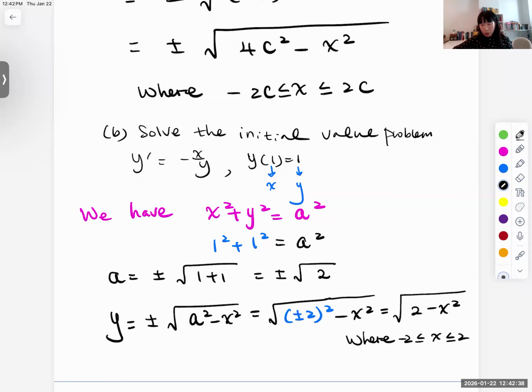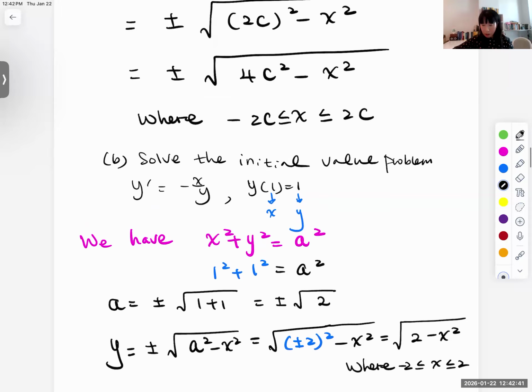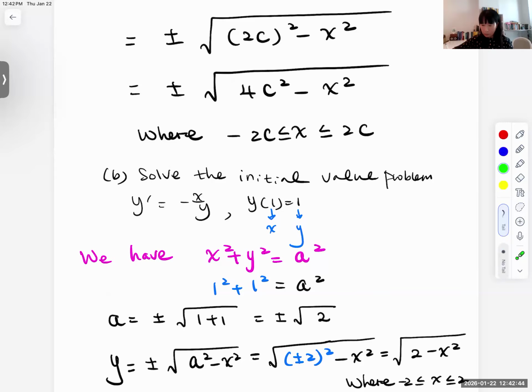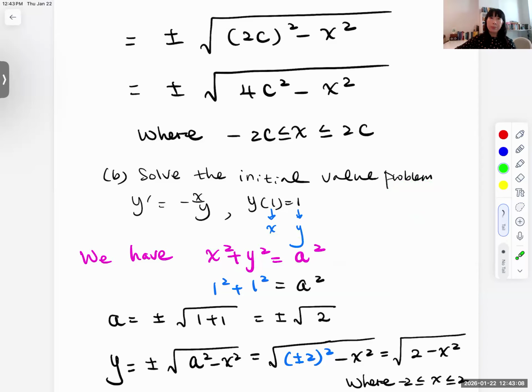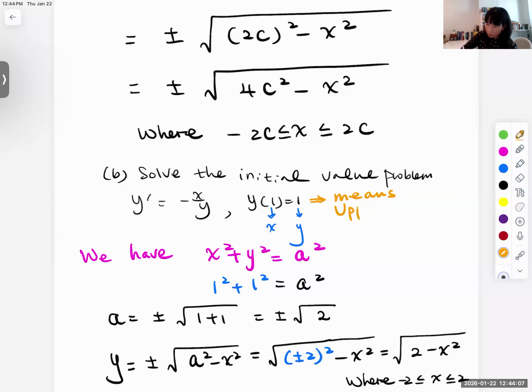Okay, let's take a look. We knew that this equation is the equation of a circle, right? All right, then we have x equal to 1, y equal to 1, right? So this will be the upper semicircle, right? Okay, so this one is telling us upper.